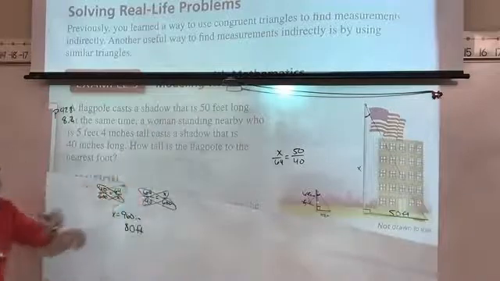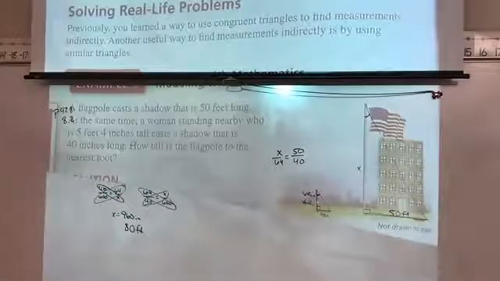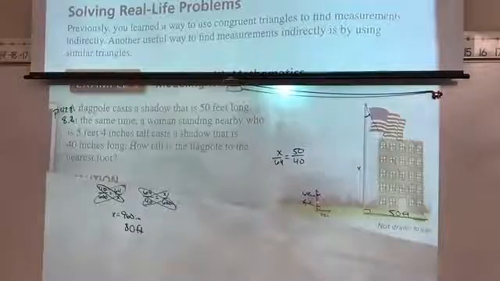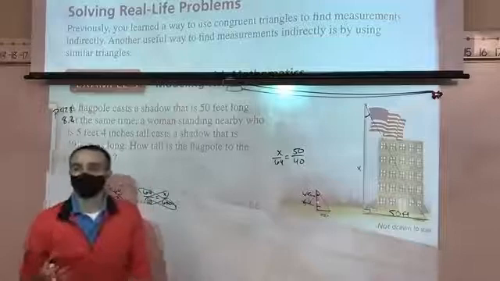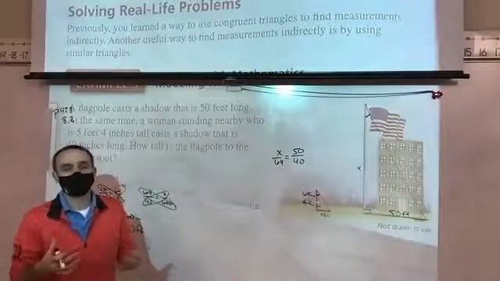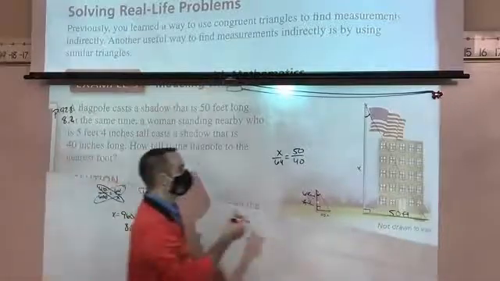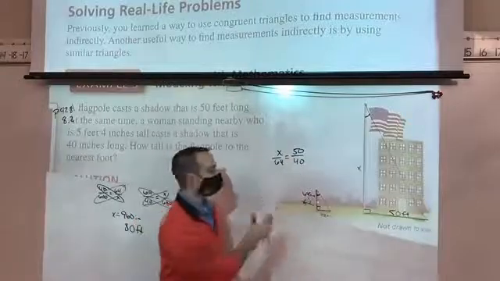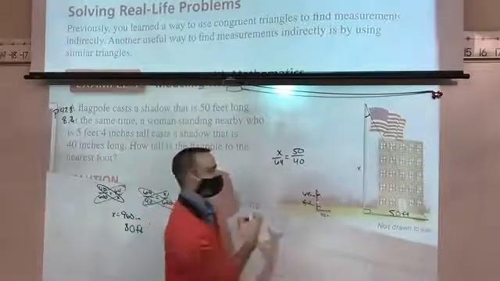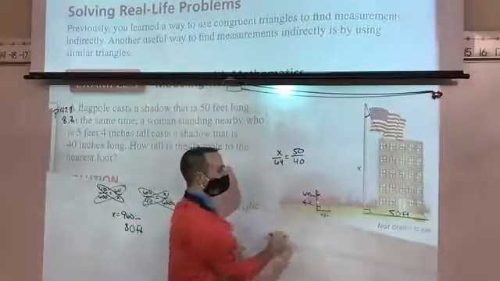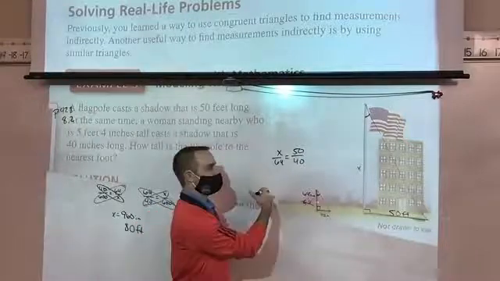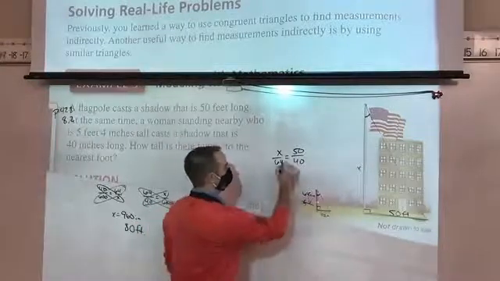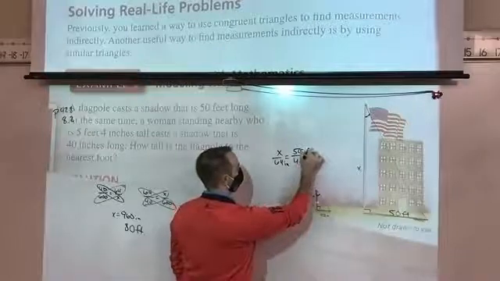Go ahead, cross multiply that. 64 times 50 divided by 40. It's gonna be 80 feet. I'm gonna get 80 right away, but I don't have to worry about converting. What helps me to understand that I can do this is if you throw the labels in your proportion. This is 64 inches, this is 40 inches, this is 50 feet.